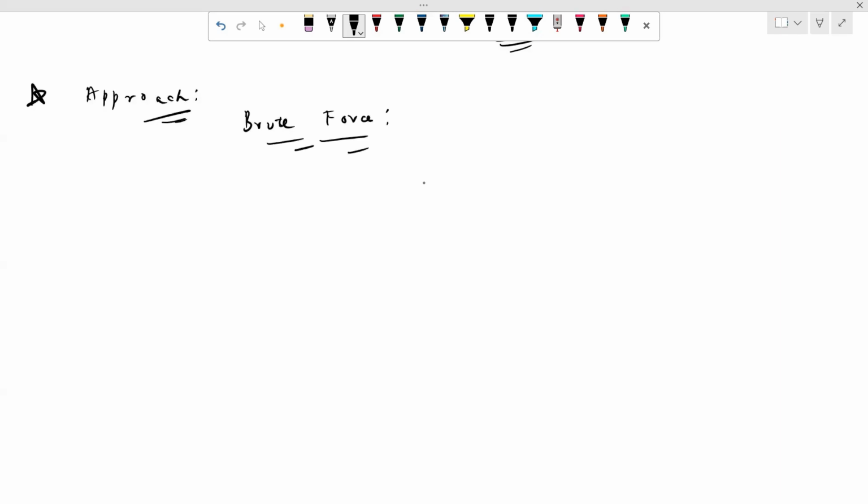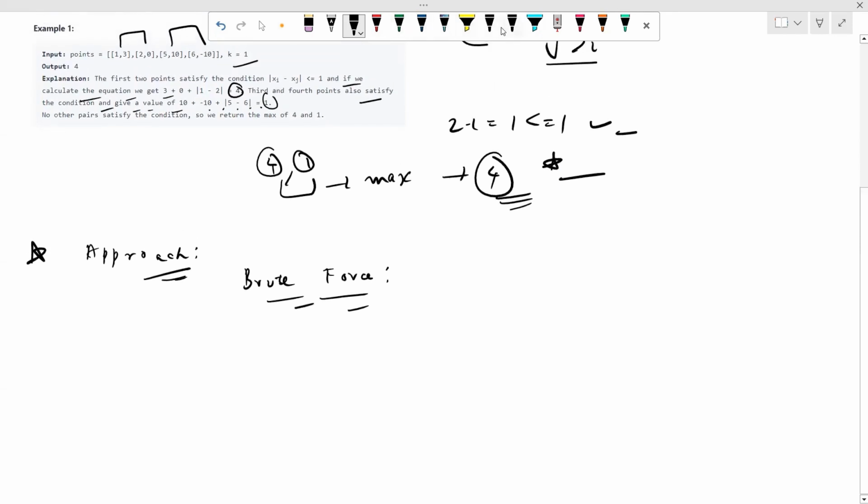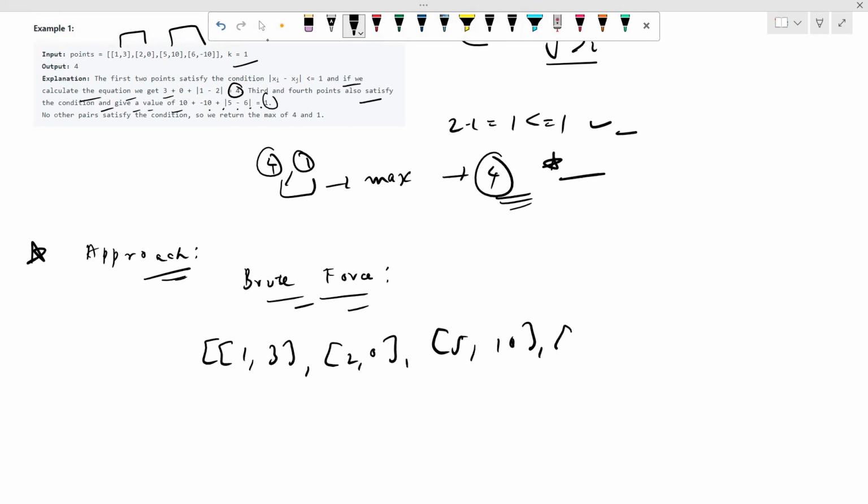We have this array a, which is equal to 1, 3, 2, 0, 5, 10, 6, minus 10, and over there we have k equal to 1, right? In the brute force approach, we just need to traverse over the entire array. We don't need to think about how many times we traverse over the array, since this is a brute force approach.